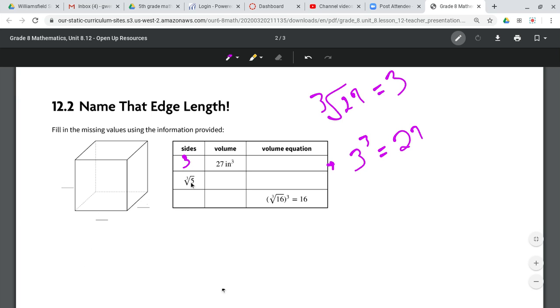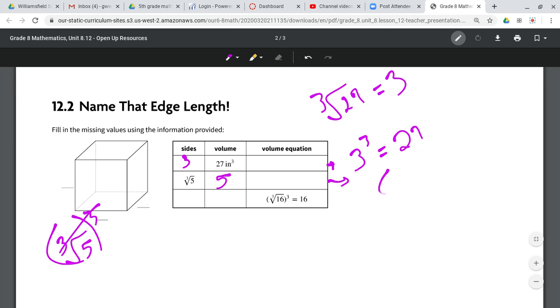All right, our next one, we have a side length of the third root of 5. If we take the third root of 5 and we find the volume, that means we're taking it to the third power. Now, just like when we have a square root to the second power, these things are going to cancel each other. So we're just left with 5. So for our volume equation, once again, going to write this off over here.